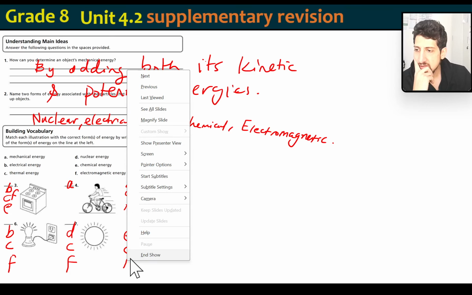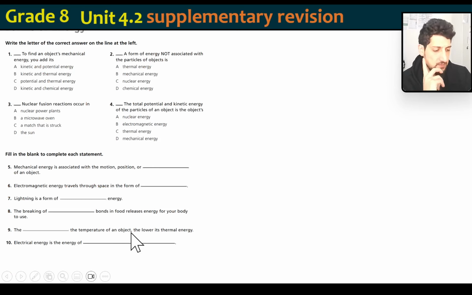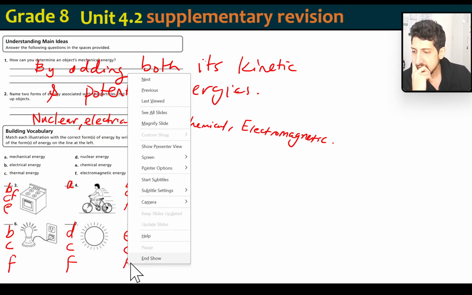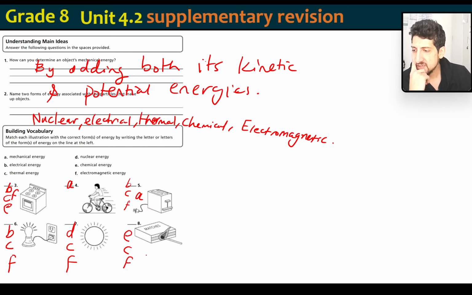I think we're good here. The funny thing is, you could even argue that chemical energy is a form of potential energy, it's a form of mechanical energy. See, I don't like this question because it's got a whole lot of combinations, a bit wishy-washy. It's not very decisive, it's not very clear. But anyway, as long as you understand that electromagnetic energy means light energy and potential energy means stored energy, while kinetic energy means moving energy.